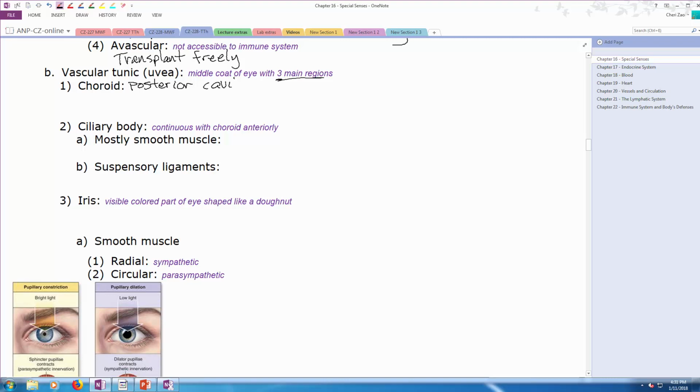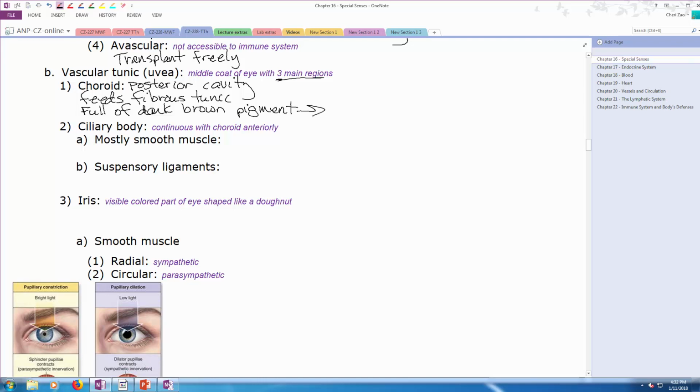It feeds the fibrous tunic, because the sclera has very poor vascularity, and it is full of dark brown pigment.